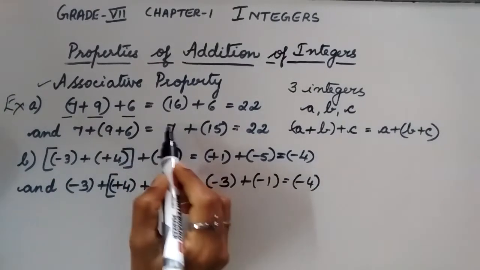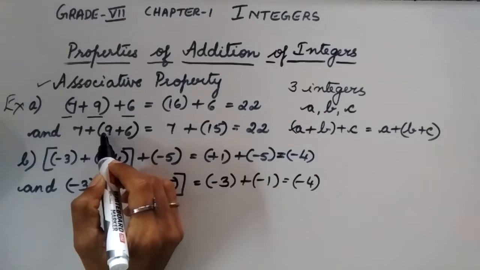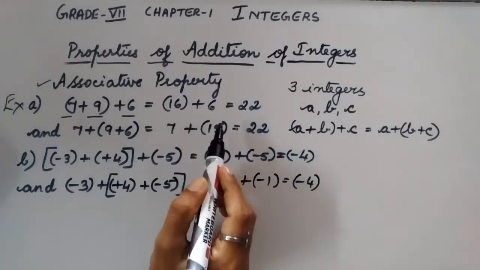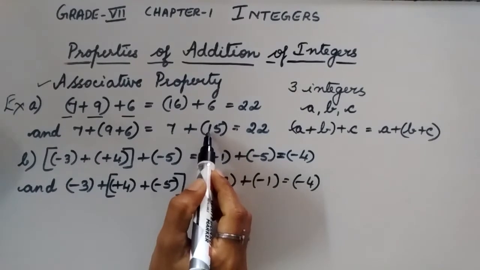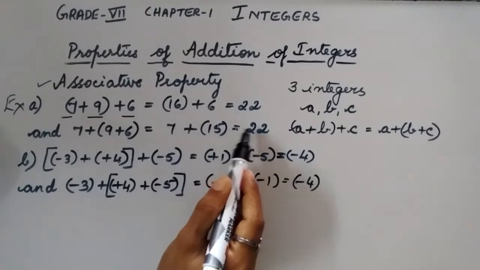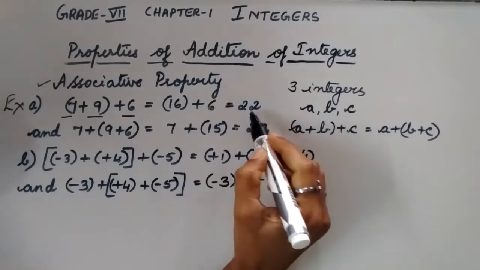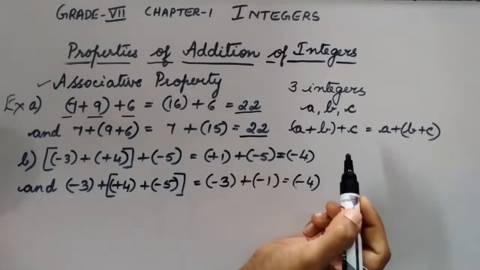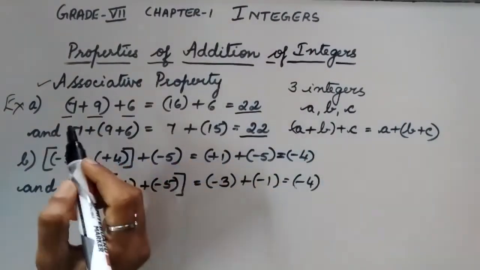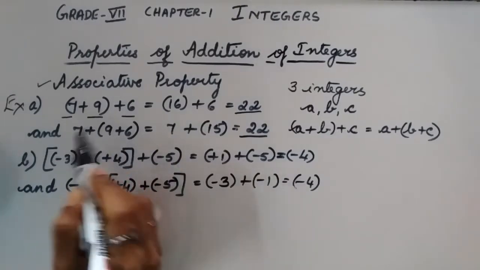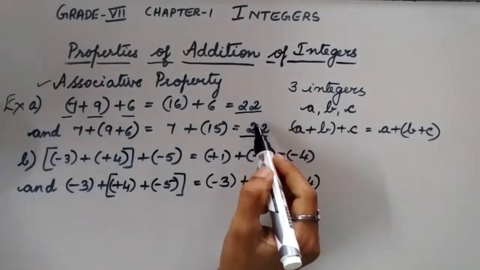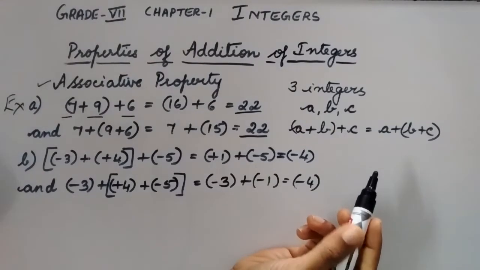So 7, we write 7 here. 9 plus 6. So what is 9 plus 6 here? 15. So 7 plus 15 is equal to 22. So you can observe here the sum is the same, but the order in which we have added is different, but the sum remains the same.